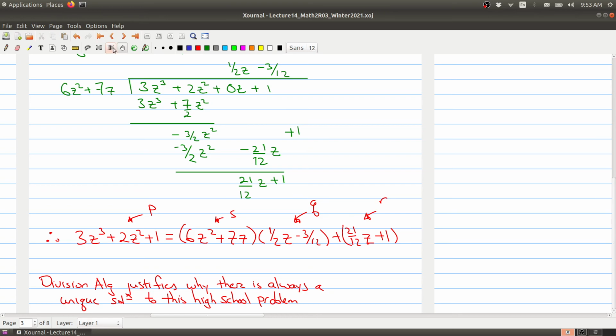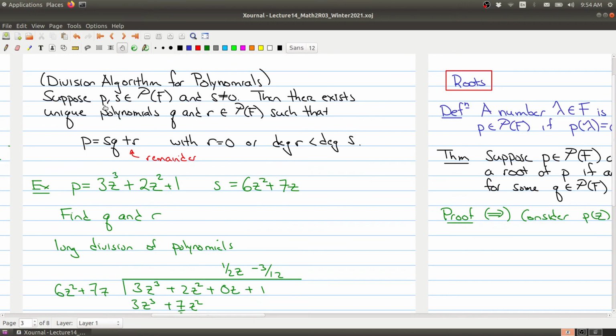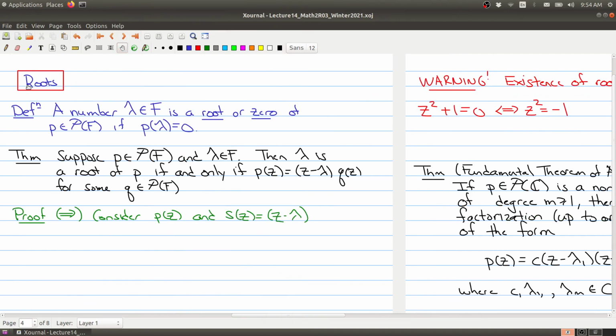We're more interested in the theoretical relationship that given any polynomials p and s, you can divide p by s and get a remainder which is smaller than the thing you started with. We'll see the division algorithm used in the next part where we talk about roots. So I'll see you in part 3 of today's lecture.